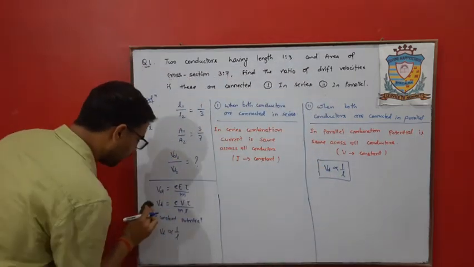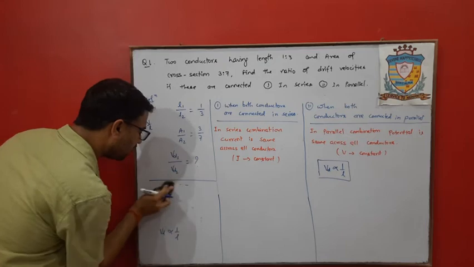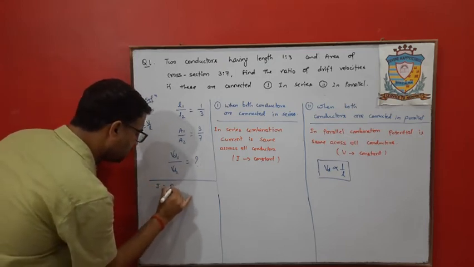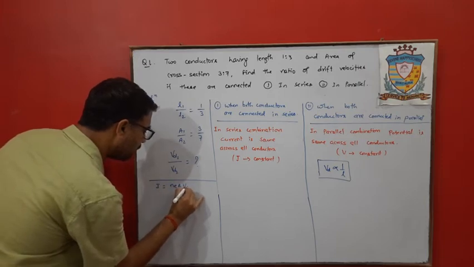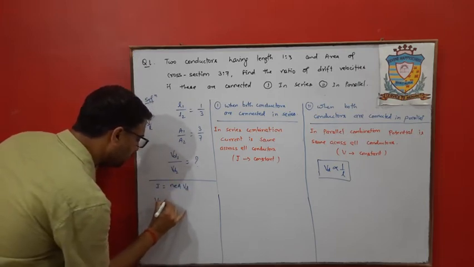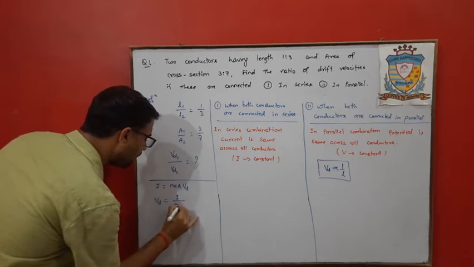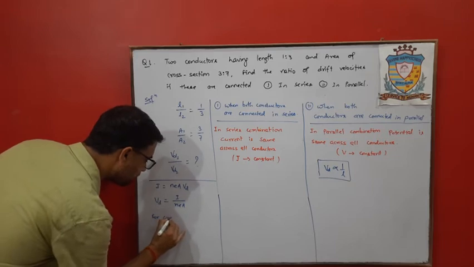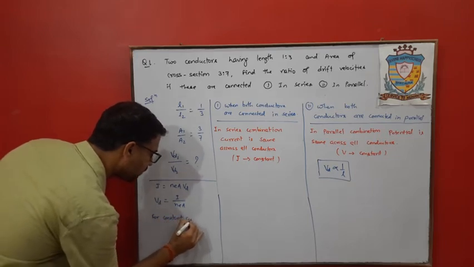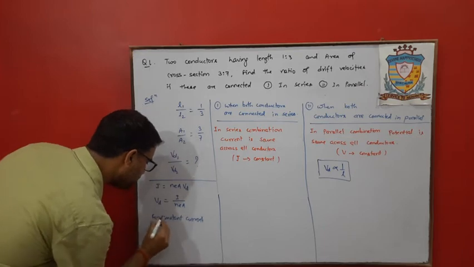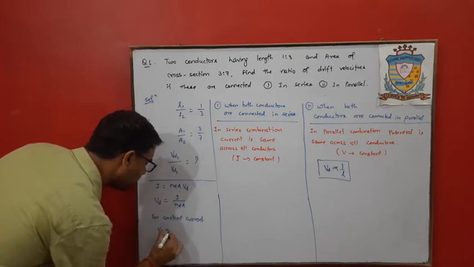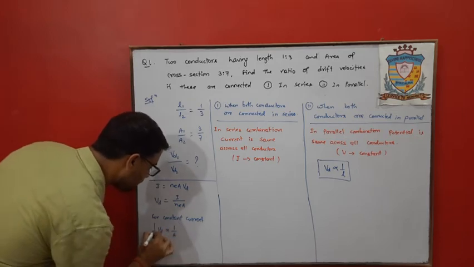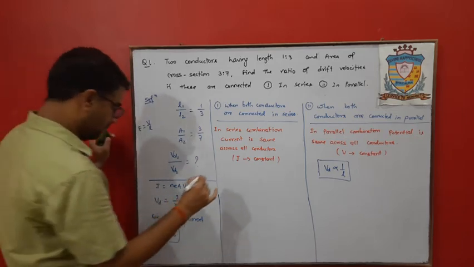Now the second formula, I is equal to N e A Vd, and from here Vd is equal to I upon N e A. So for constant current, Vd is inversely proportional to the area of cross section. Clear?